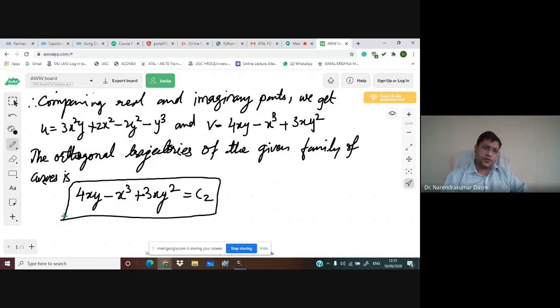Okay, so this way we are able to get the orthogonal trajectory for this given graph.